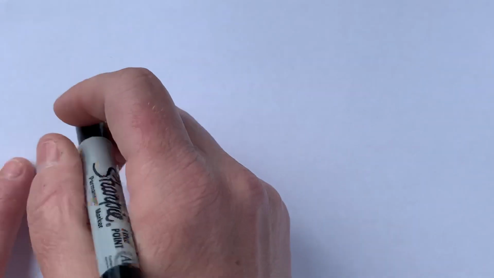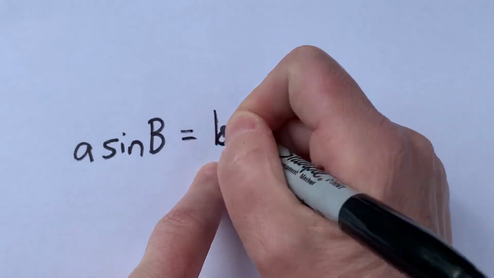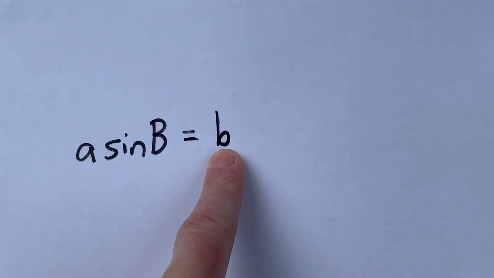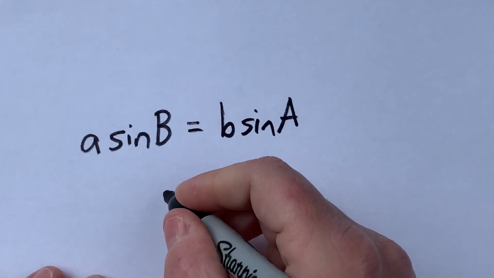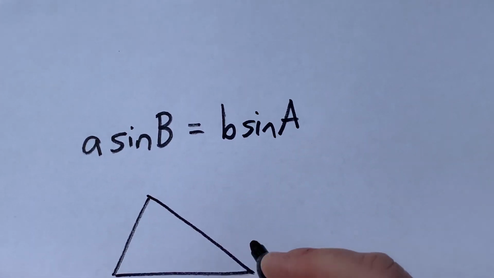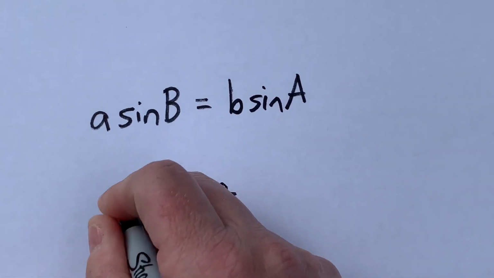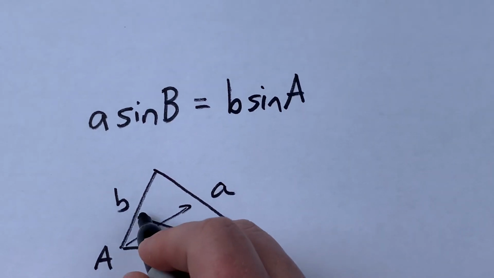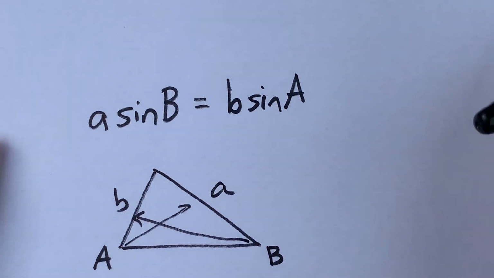And I'm going to look at just that equation that we just wrote. a sine angle B, where a is the side length that's across from angle A, is equal to the side length of b, which is across from angle B, sine angle A. And that was for some picture that looked like angle A, side a, angle B, side b, where these guys here are the sides opposite. Okay, so that's a pretty equation.